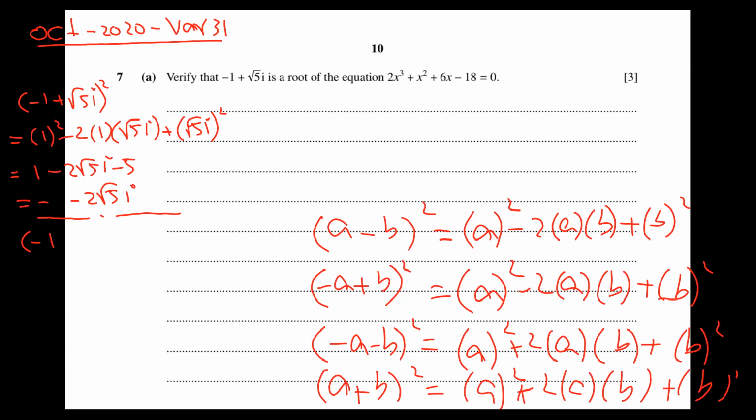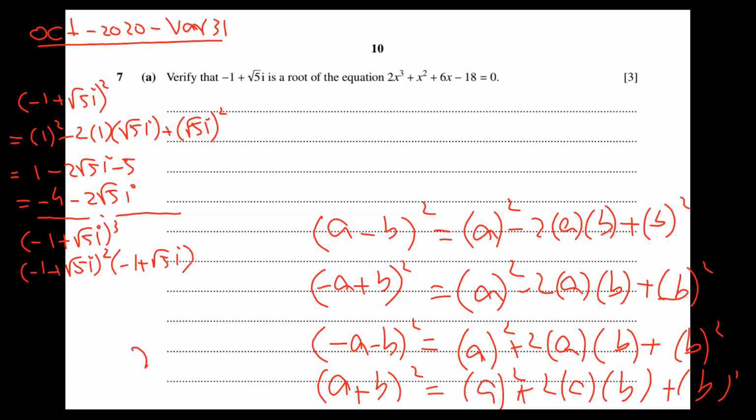After this, what is the next plan? The next plan is (-1 plus root 5 iota) to the power 3. When you deal with this one, it turns out to be (-1 plus root 5 iota) to the power 2 into (-1 plus root 5 iota) to the power 1.